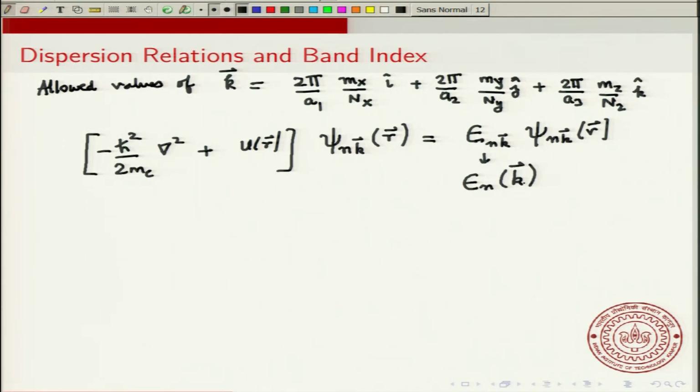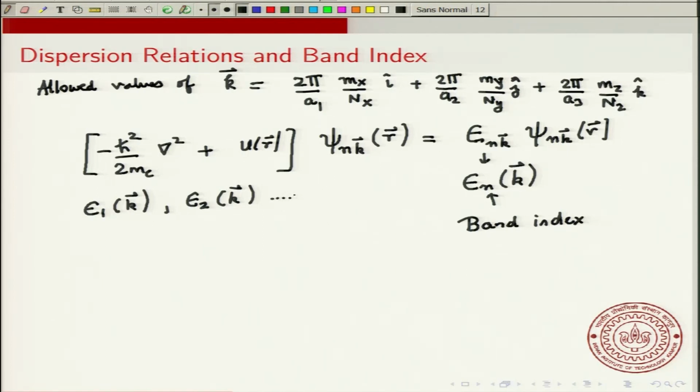Okay. So, for each allowed value of k you have some energy associated with it and you have various energy levels. So, n is called the band index. Okay. So, when you solve this, if you could imagine solving such an equation, then the solutions will look like epsilon 1 of k, epsilon 2 of k, and so on.